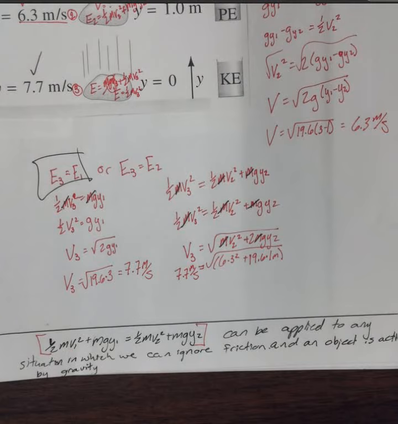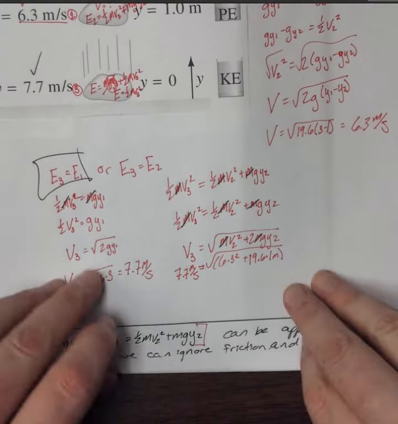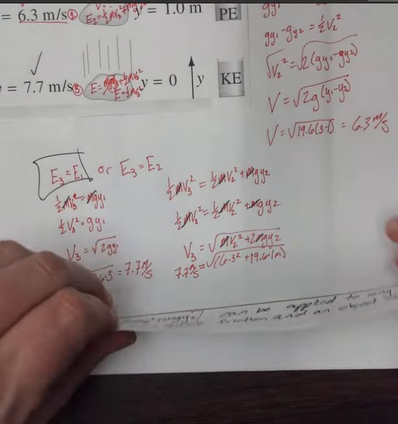Because if an object is acted on by gravity, some form of friction is the only possible non-conservative force that you have. So if you can neglect friction, the conservation of mechanical energy given by this equation is always going to work.